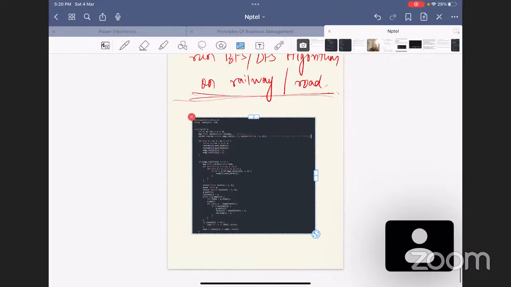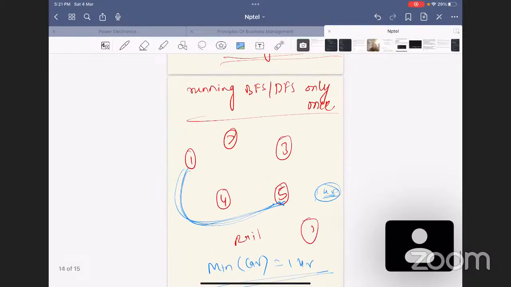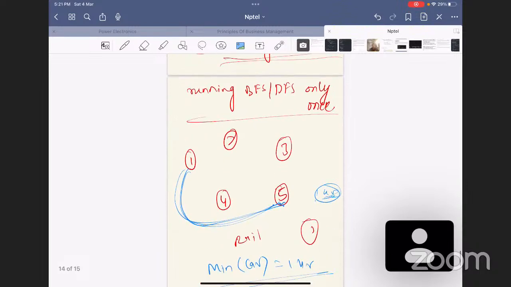There is one more doubt that edges are weighted. How would you solve this question? So, okay, if the edges are weighted, the concept here is that starting from 1 and going to 2, we are taking only 1 hour.